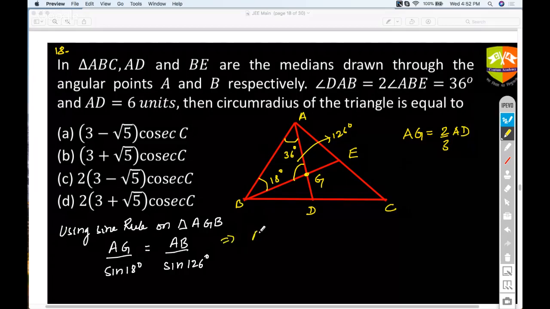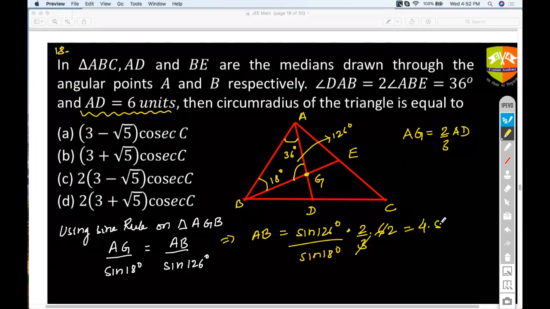In other words, I can say AB is equal to sine 126 degrees by sine 18 degree into AG. AG is 2/3 AD and AD is 6. Correct? We have been given AD value as 6 over here. Correct? So this becomes 4 times sine 126.